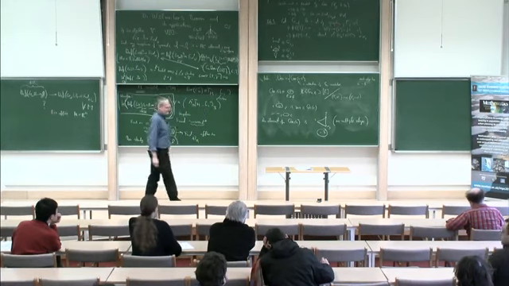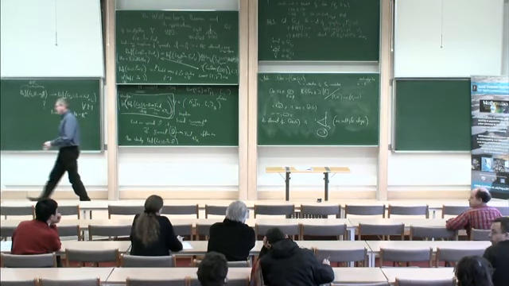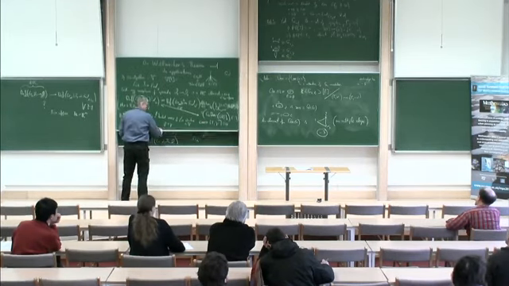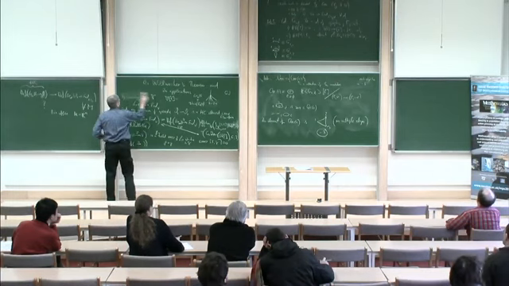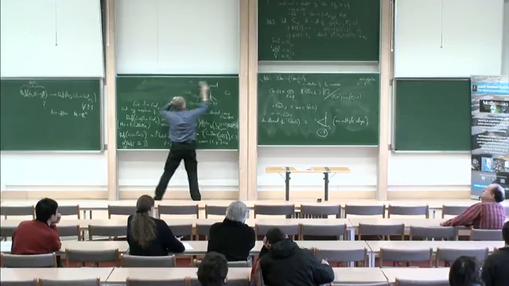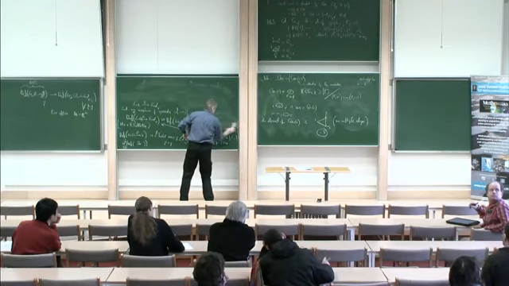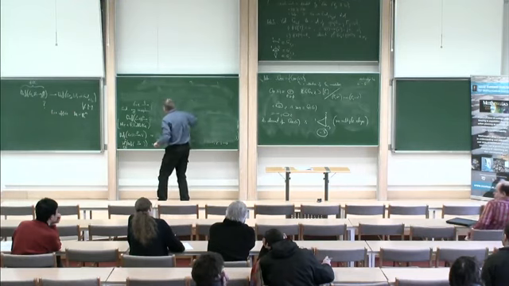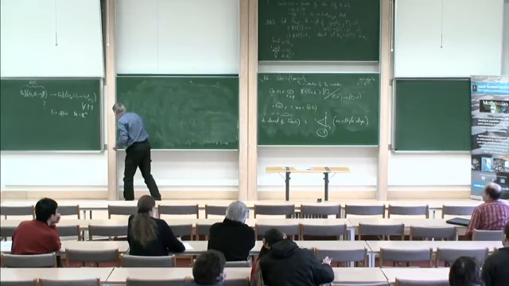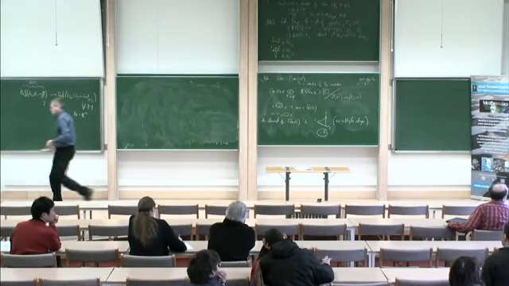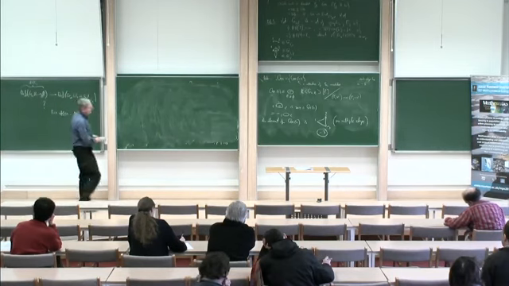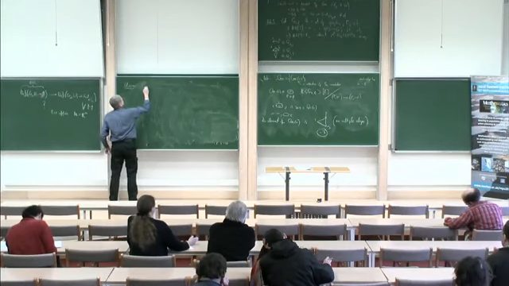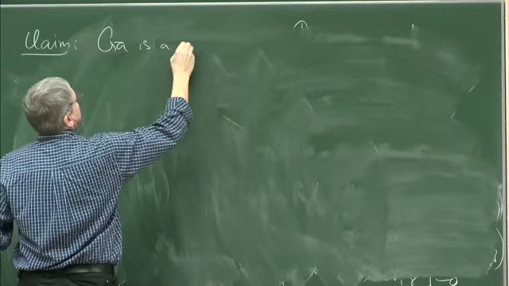You will see where we need the affine structure. Claim: gra is an operad.